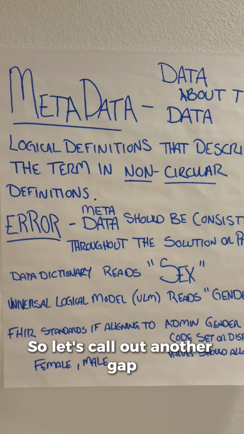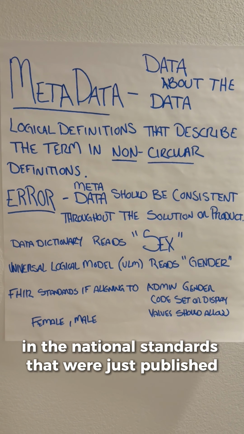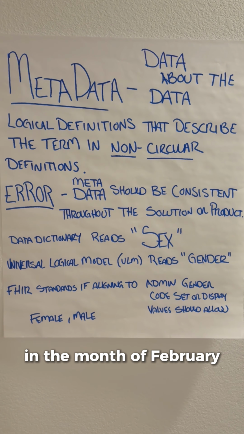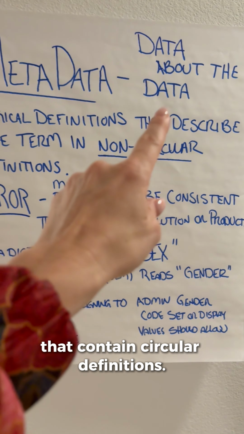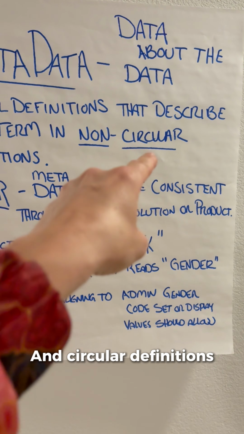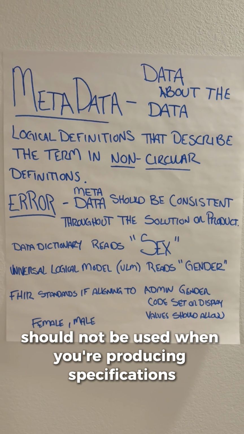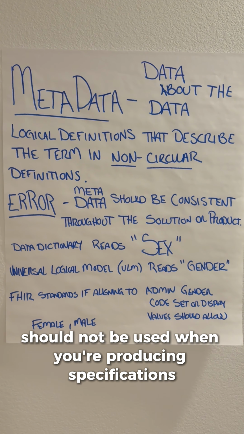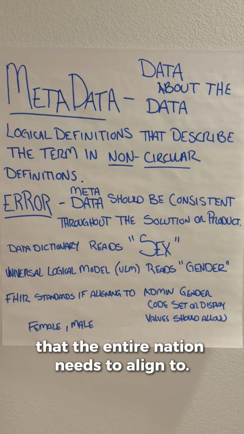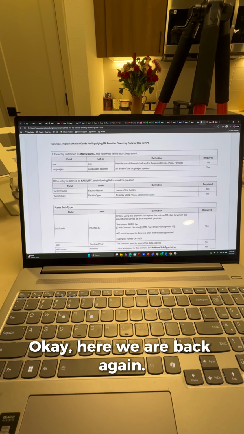So let's call out another gap in the national standards that were just published in the month of February that contain circular definitions. And circular definitions should not be used when you're producing specifications that the entire nation needs to align to.